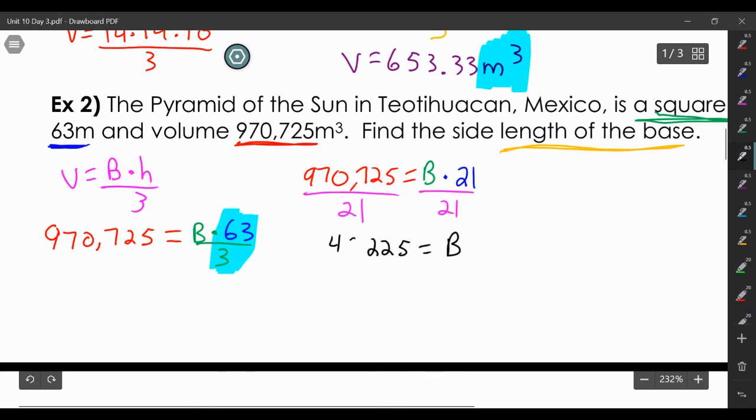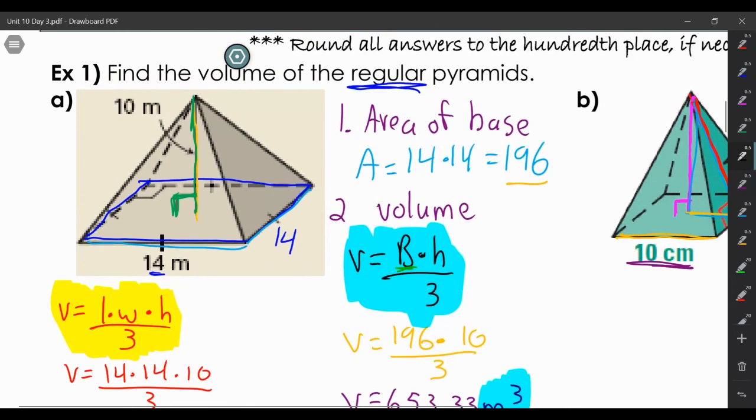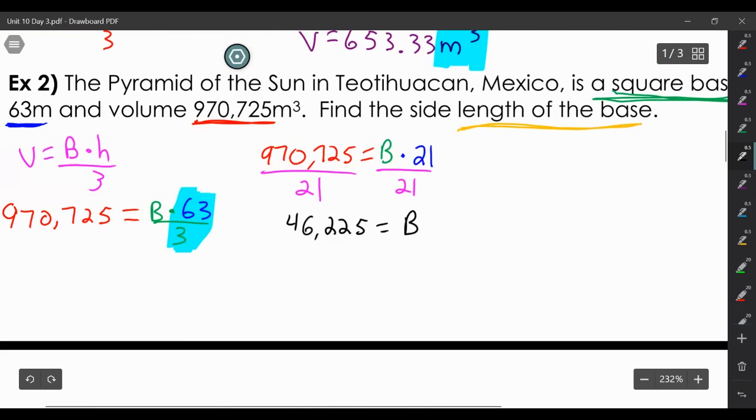Well, we know what the area of the base is, but the problem is asking us for the length of one of the sides. Well, look in the problem up here. The area of the base was just 14 times 14, which was the side length. So what we need to do is figure out what number times itself will give us 46,225.